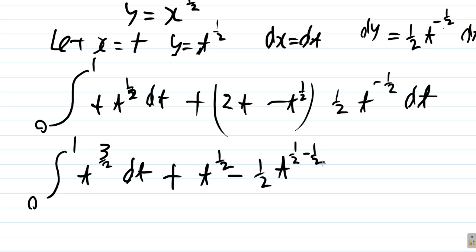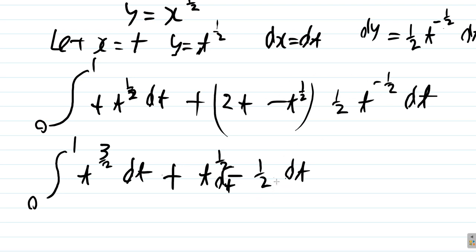Well, half minus half is 0, so it's t to the 0 that you have there. Right? Alright. And you have the dt. Well, dt will go on all of them because I opened the bracket.